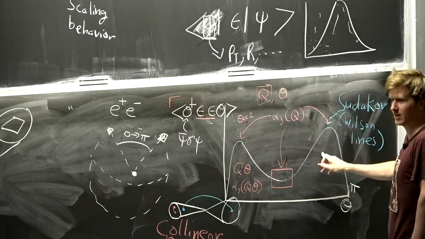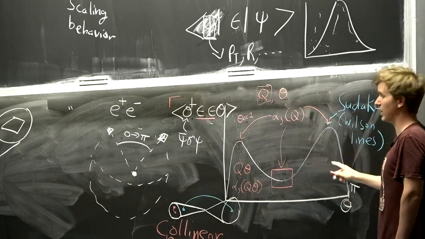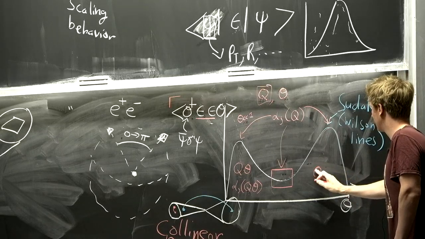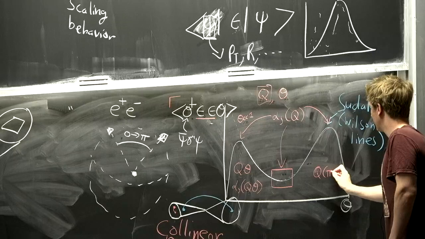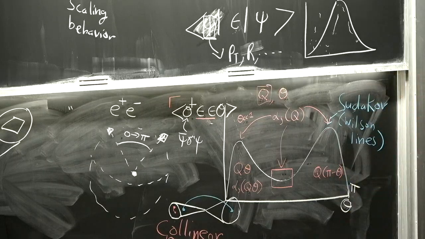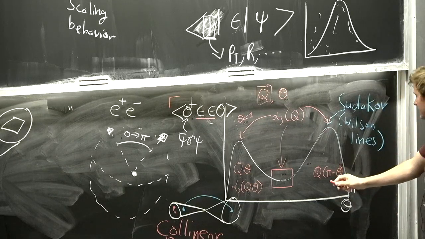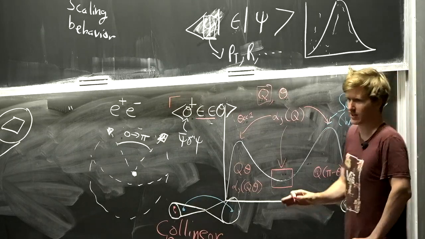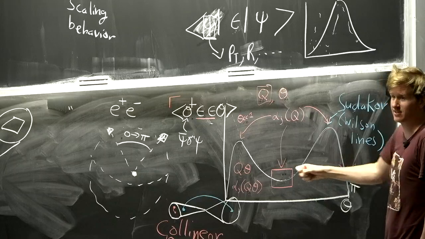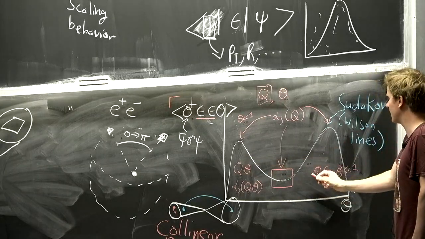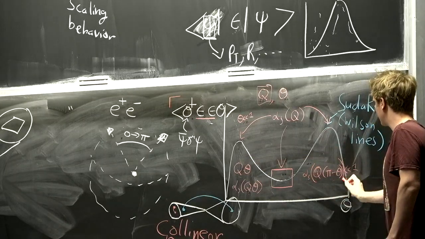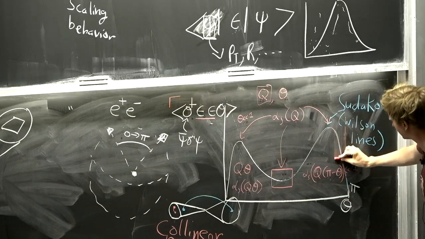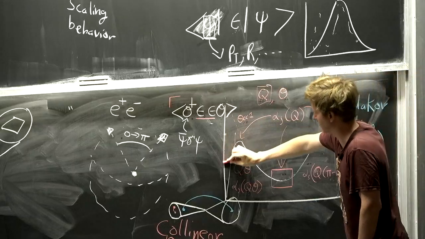As you go to this side, pi minus theta is very small, so you get a new scale, which is Q times pi minus theta. Because this is very small, you become sensitive to non-perturbative effects, in a more complicated way on this side than on this side. But the fact that you are still getting alpha s evaluated at some small scale remains true. So on both sides, you need to understand something about the structure of confinement to say anything about it.